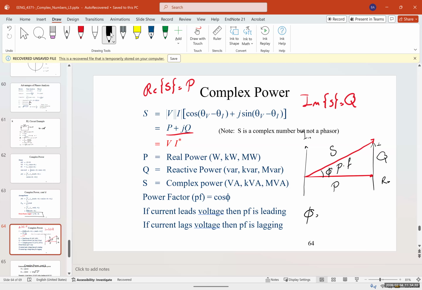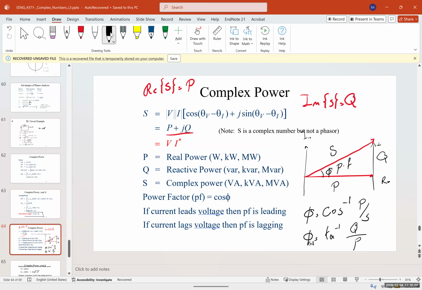Phi here, what is it going to be equal to? So it's going to be cosine inverse of P over S. Thank you. Or phi is going to be tan inverse of Q over P, or sine inverse of Q over S. So if you have any of these, you can simply use sine and cosine to find it.